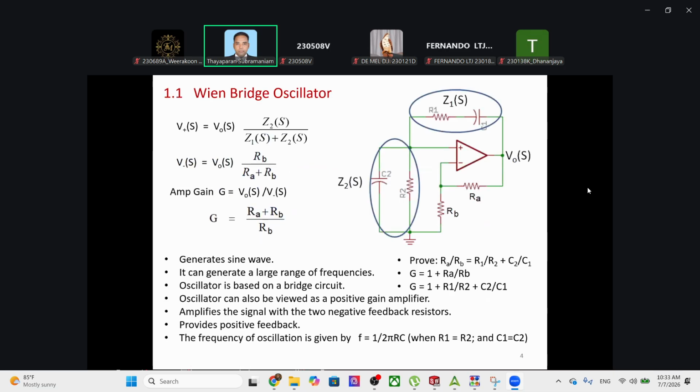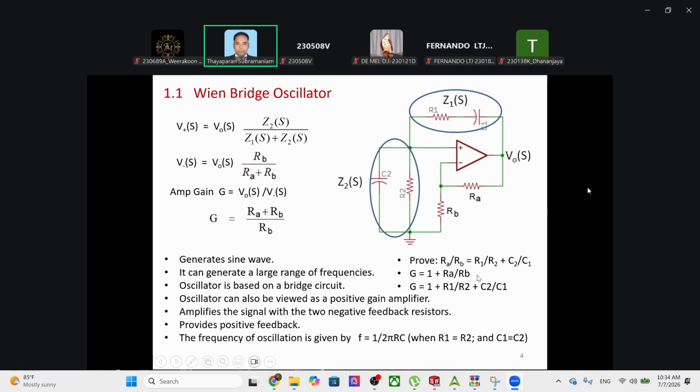Now, according to the gain, we already have a relationship: RA over RB is equal to R1 over R2 plus C2 over C1. If you take R1 equal to R2, C1 equal to C2, it becomes 2. That's a simple implementation. So RA is 2 times RB, so the gain is going to be 3. 1 plus RA over RB, 1 plus 2RB divided by RB, which is going to be 3.